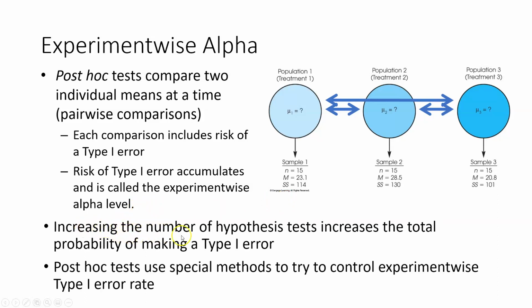So, increasing the number of hypothesis tests increases the total probability of making a type 1 error, but post hoc tests use special methods to try to control that experiment-wise type 1 error rate and keep it lower than it should be if we had just not made any kind of correction. So it would be about a 15% error rate if we didn't make a correction, but the post hoc tests use special methods to correct for that.